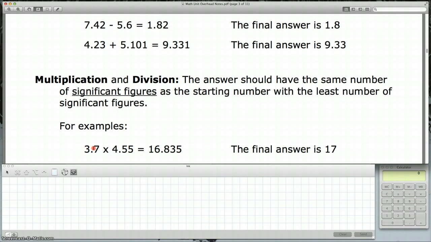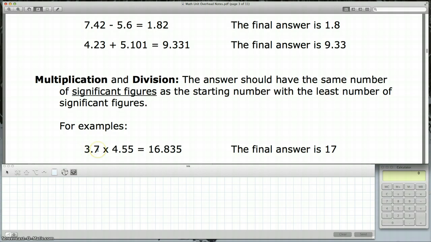So, example, 3.7 times 4.55, my calculator says 16.835. I look back at my original numbers, 3.7 has 2 sig figs. 4.55 has 3 sig figs. I have to choose 2 sig figs. That says less number of sig figs.